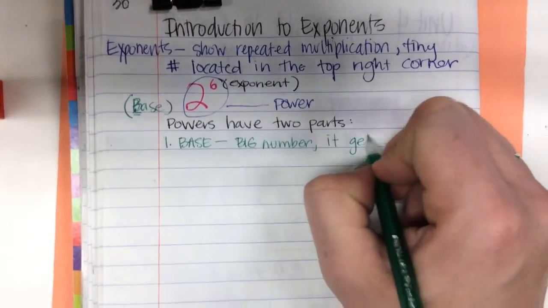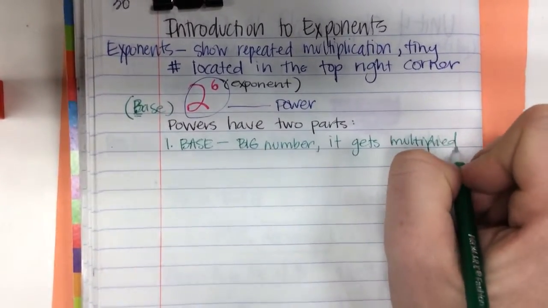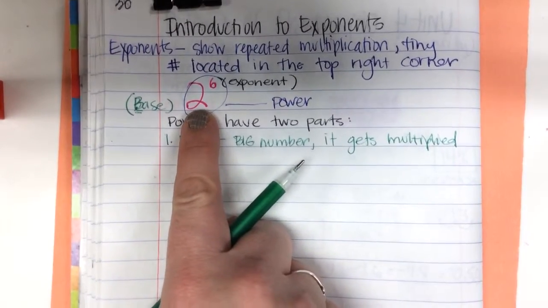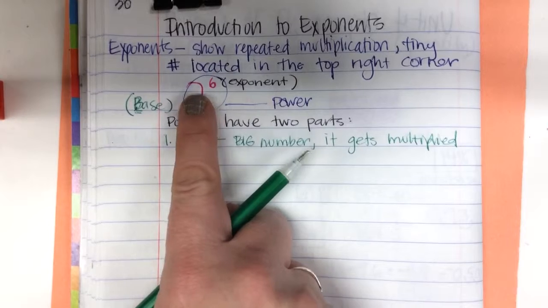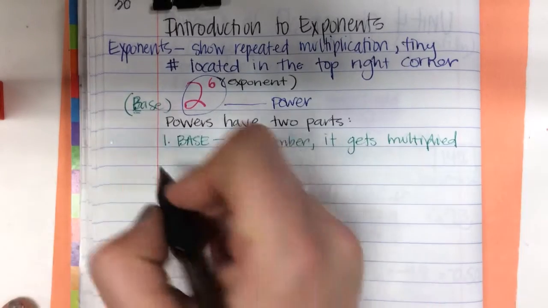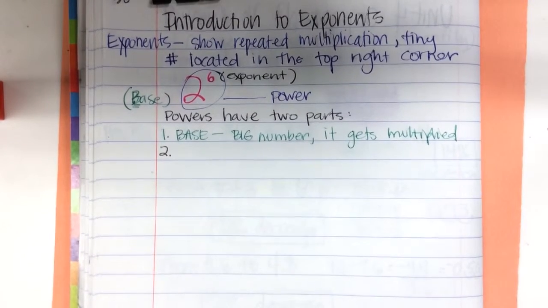It gets multiplied. The 2 is what's getting multiplied. It's the math part of it, what we're going to compute.